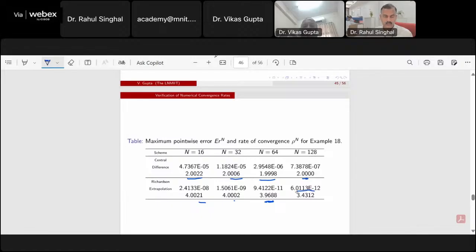So here there is a little dip in the numerical order of convergence from 4. That is because of round-off error due to the finite precision system, because this number is very small, 6.0013 times 10 to the power minus 12.